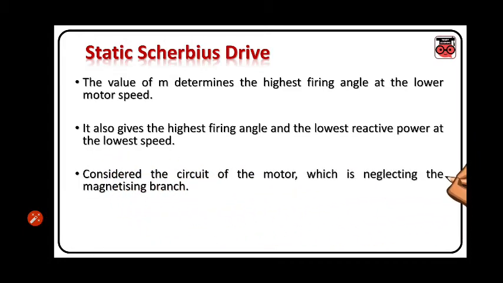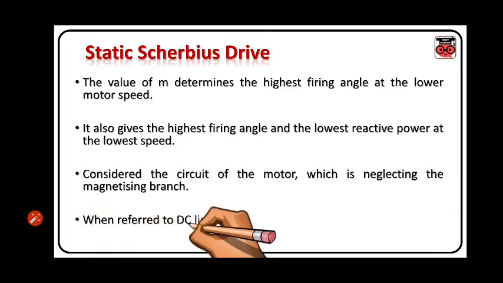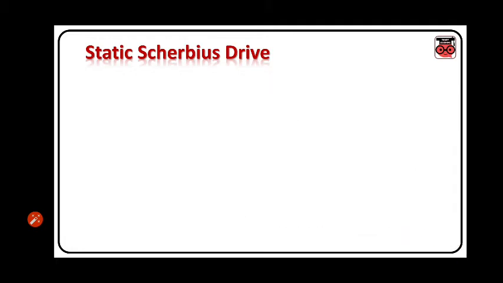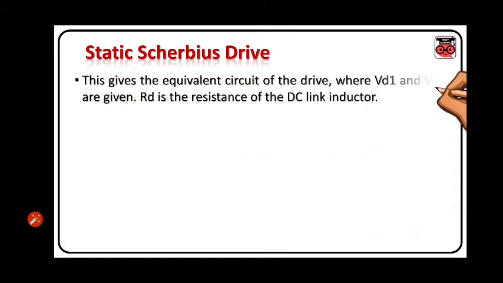Consider the circuit of the motor, neglecting the magnetizing branch. When referred to the DC link, the resistance SRS plus RR will be 2SRS plus RR. You can see this equation in the next diagram.